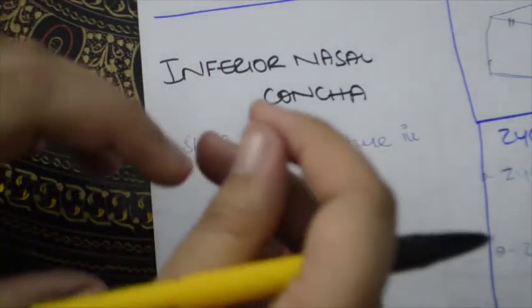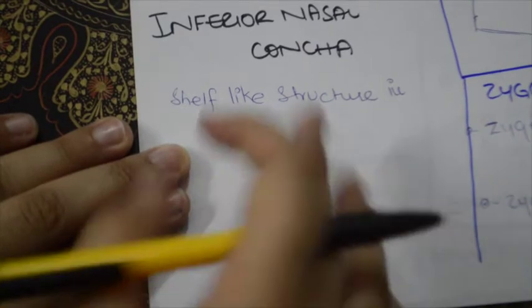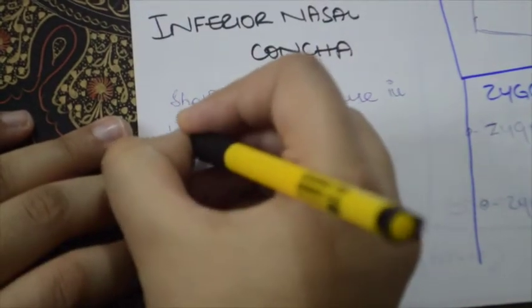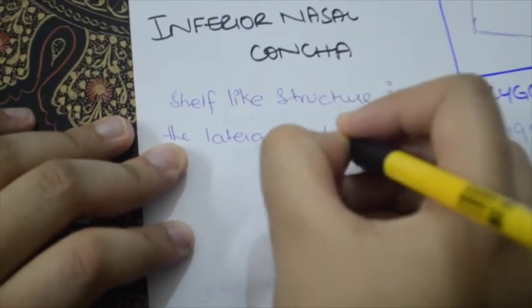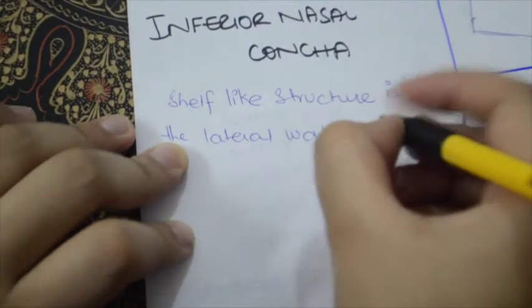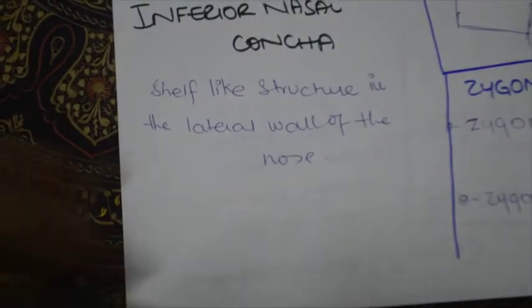That is why I'm drawing things, so that puts a picture in your head. So shelf-like structure in the lateral wall of your nose. That's all you need to know about it right now.